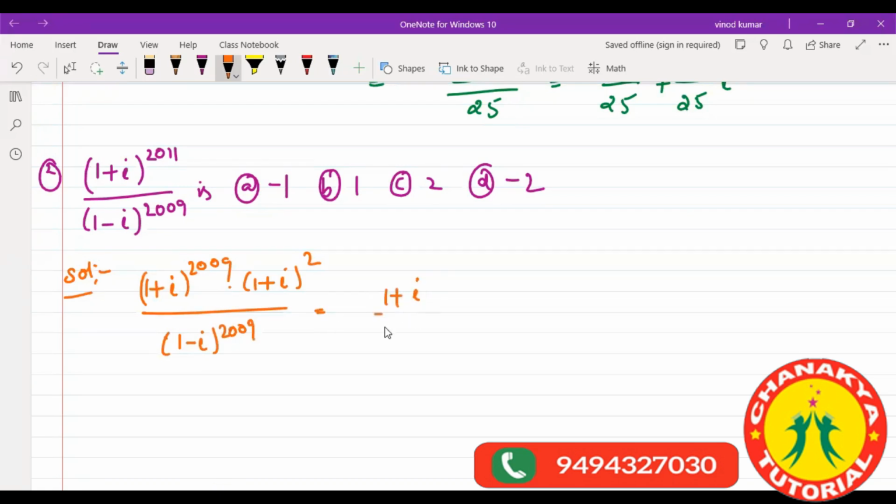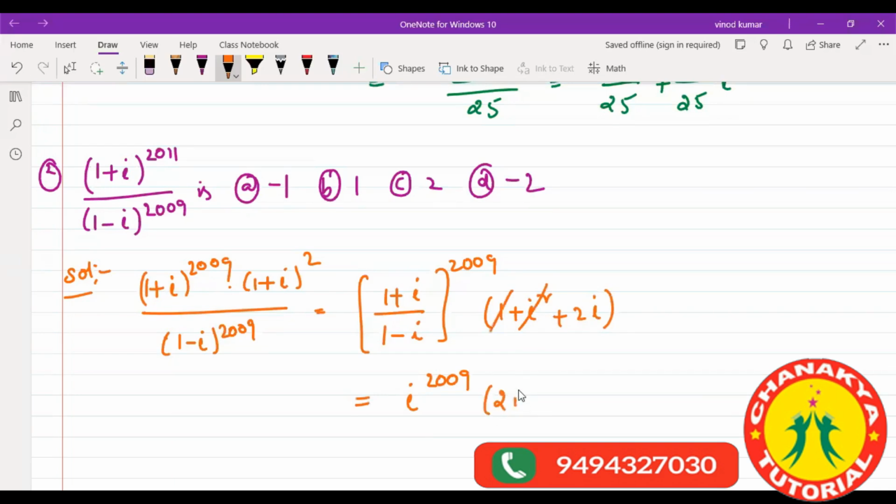That is ((1 plus i) by (1 minus i)) to the power 2009 times (1 plus i) whole square. 1 plus i whole square means 1 plus i square plus 2i. (1 plus i) by (1 minus i) value is i, so i to the power 2009. Here i square and 1 cancel, we get 2i.